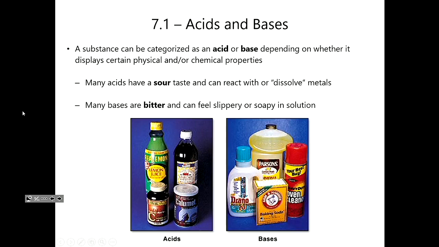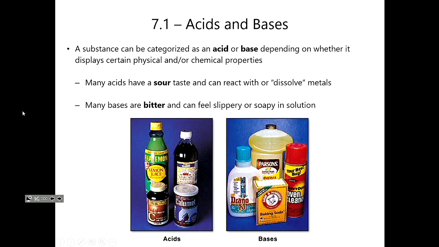Everybody tasted everything, right? Including urine and all kinds of things, right? Anyway, so acids historically have been defined by having a sour taste, and most acids, particularly if they have enough concentration, will actually dissolve metals. It's not that they actually dissolve the metals, it's that they react with the metals and destroy them, and then what's left dissolves, right? But the metal's gone at that point.